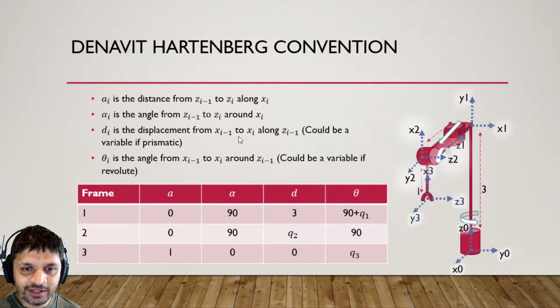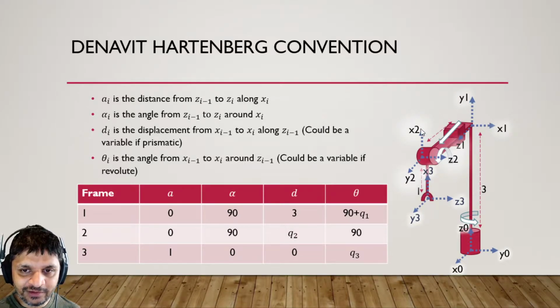For frame 3, ai is the distance along xi, so this is xi. So what's the distance from this axis to this axis along xi? Well, it's 1, right? Because you can see there's a link of length 1 separating these two axes.